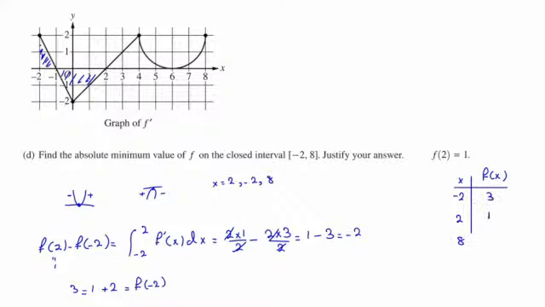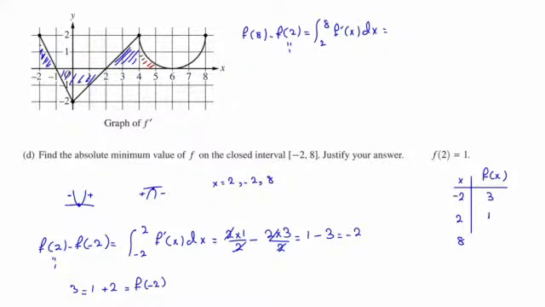Now let's calculate 8. For calculating 8, I say that f of 8 minus f of 2 equals the integral from 2 to 8 of f prime of x dx. We know f of 2 is 1 from the assumption of the problem. From 2 to 8, we should calculate this blue area and the red area.